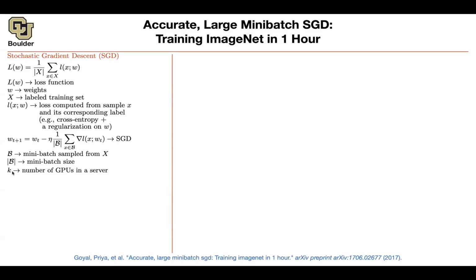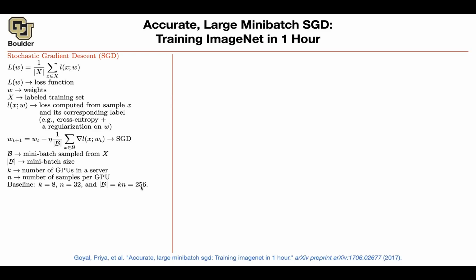It could have 8 GPUs in it, in the case of a DGX1 machine, or it could have 16 GPUs in it. That's your K. N is how many samples you can process per single GPU. So that's a mini batch per GPU. For instance, if you have a DGX1 machine, it's going to have 8 GPUs. Let's say you're processing 32 images per GPU. Your batch size is going to be K times N, which ends up being 256.